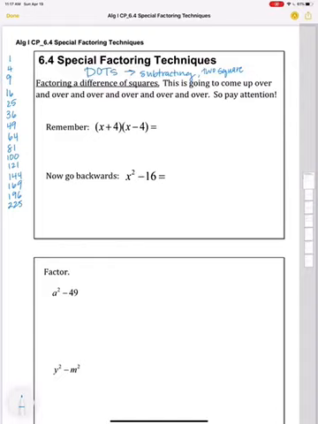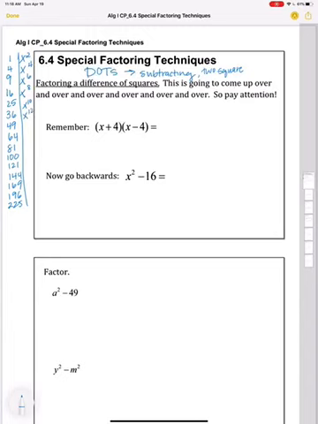Now, we have numbers that are perfect squares, but what are perfect squares when we talk about letters? X squared is a perfect square. X to the 4th is a perfect square. X to the 6th, X to the 8th, X to the 10th. Do you see a pattern yet?